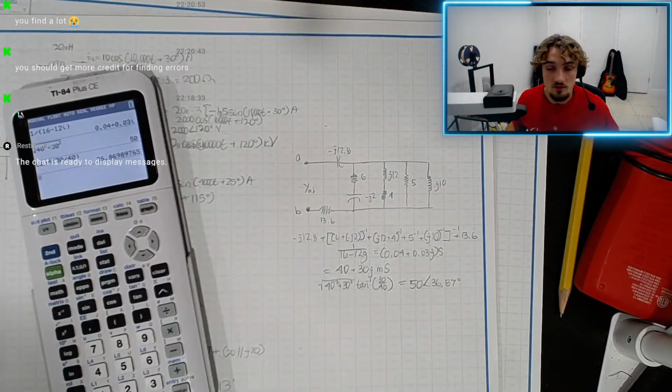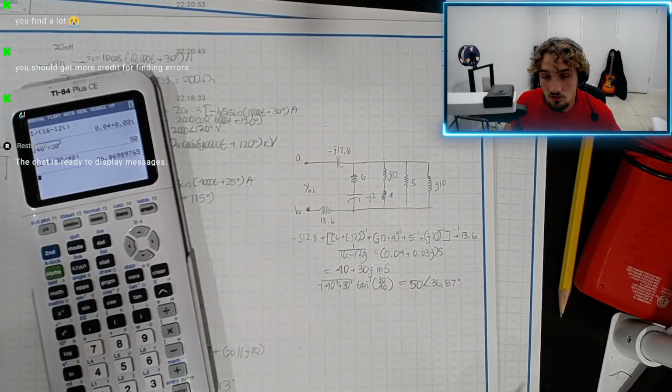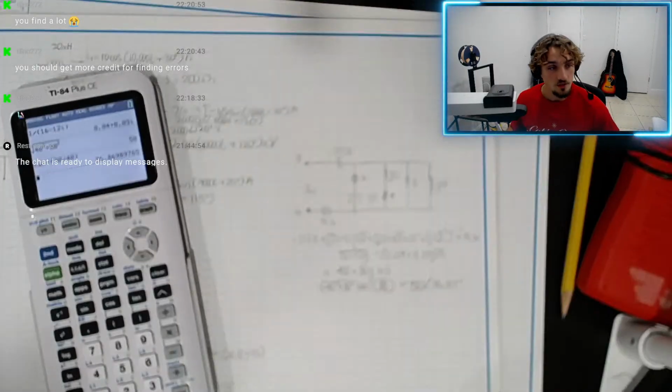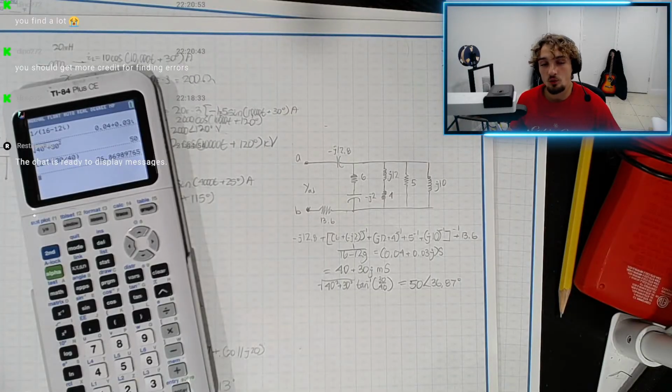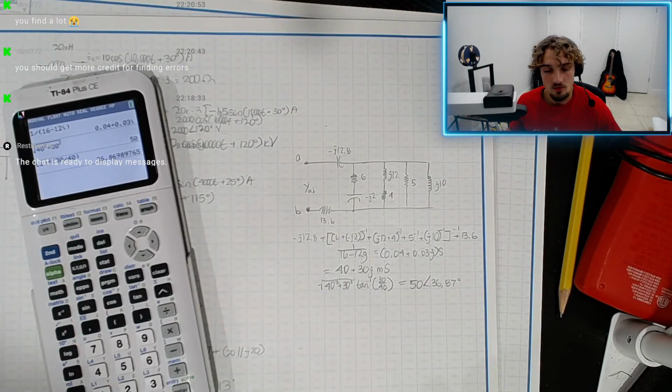The frequency of the source voltage is adjusted until V out is in phase with I_G. Okay. What is the value of omega in radians per second?